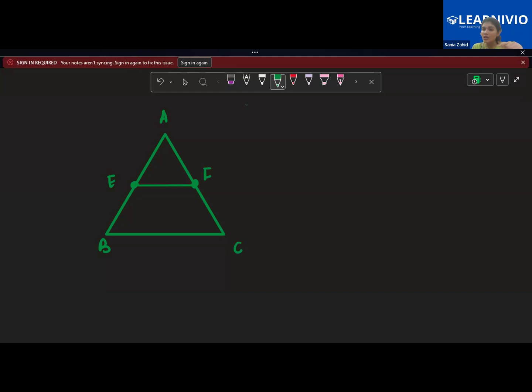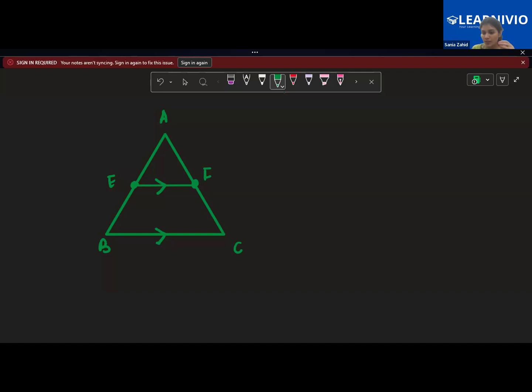Now, children, the line obtained on joining the midpoint of two sides of any triangle, what is the line? EF is the line. That is parallel to the third side and is half in measurement of the third side. What did I say? Listen very carefully.